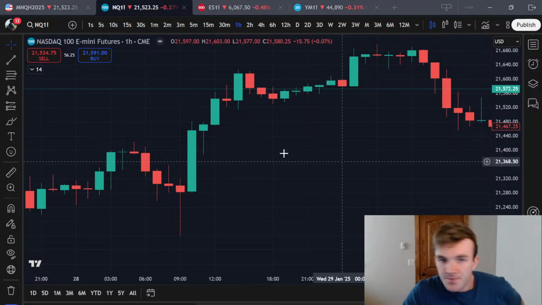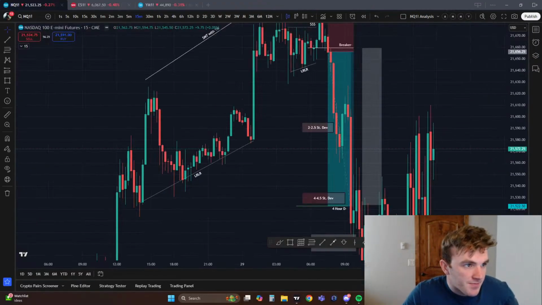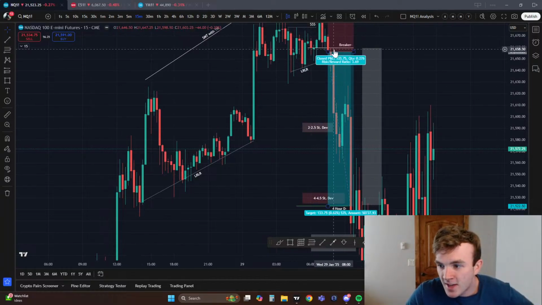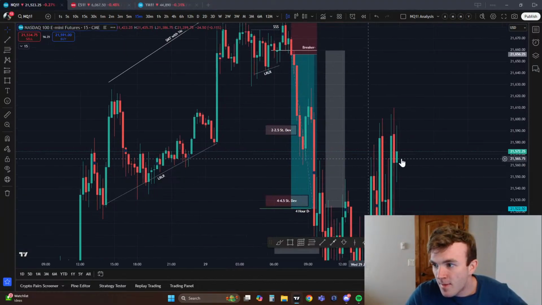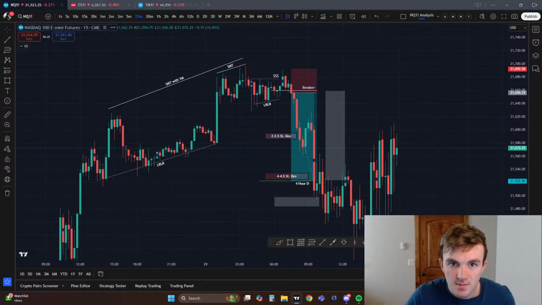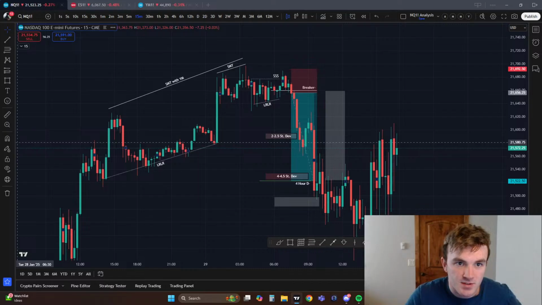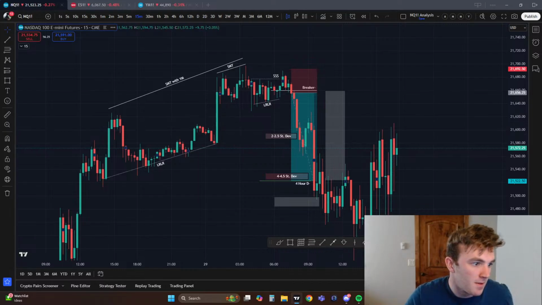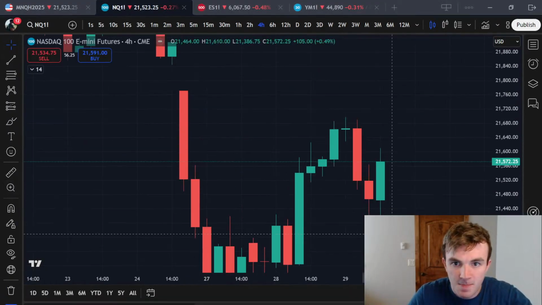So anyway, back to the other screen. I knew that this 4 hour candle had a high probability to deliver us lower. So I'm going to take a screenshot of this on the other screen here.